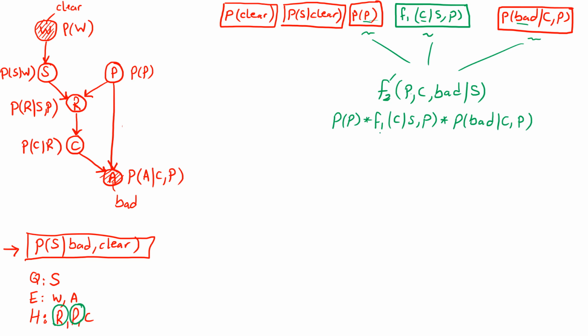Now I want to eliminate P. What should I do? So this multiplication gives us this one, right? Now from that one, I want to eliminate P. How can I eliminate P?